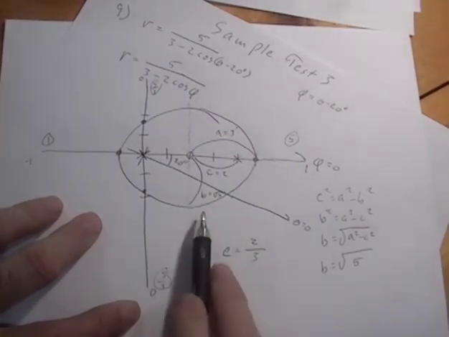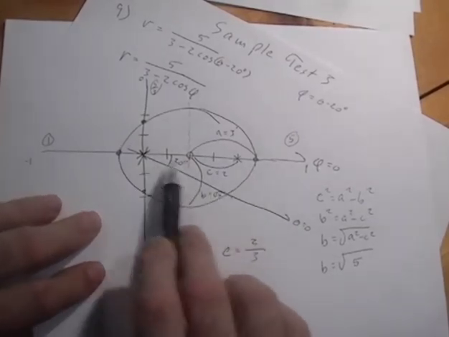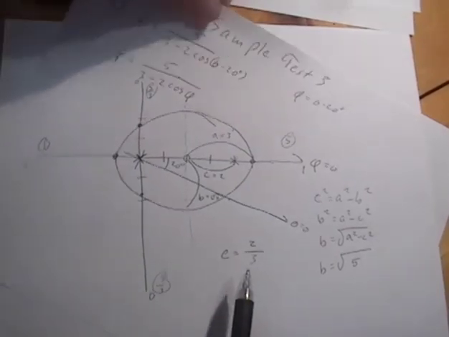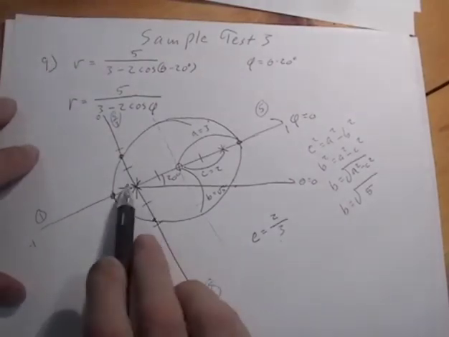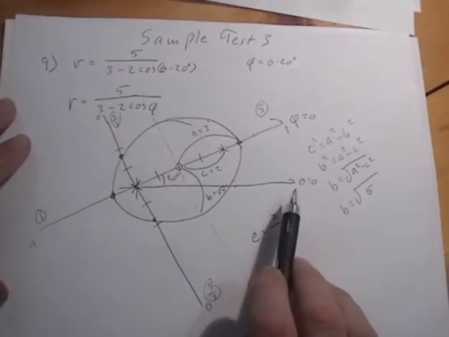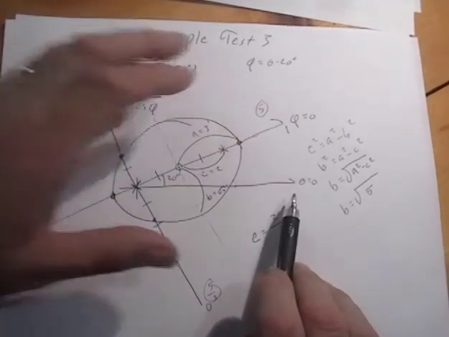Now, I know that this doesn't look like it's been rotated, but that's because we've drawn it on phi equals 0. When we turn it back the way it was originally, with theta equals 0 pointing in this direction, you can see that now I've got an ellipse which has been rotated by 20 degrees.